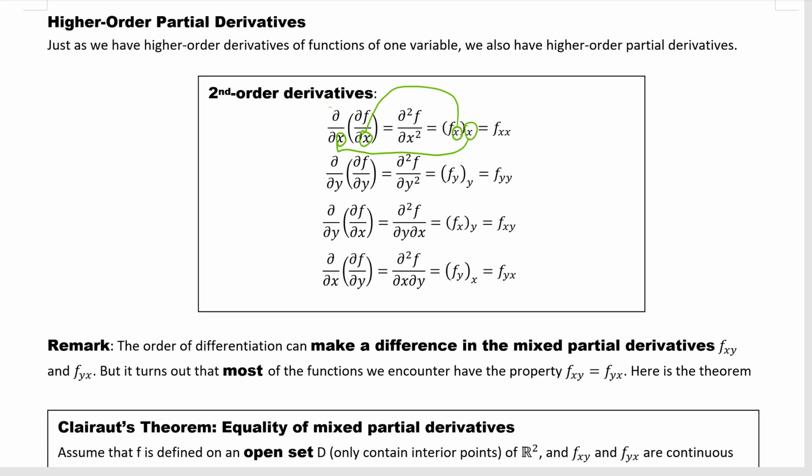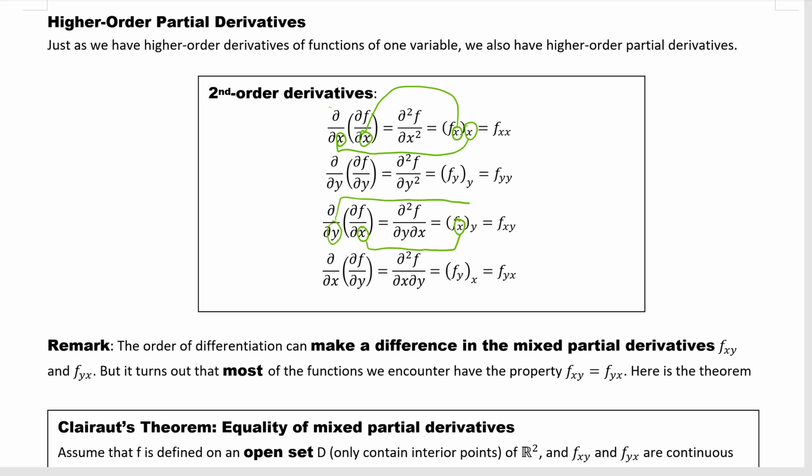So this is f_yy. But partial f partial x, then take the partial derivative with respect to y. This gives us partial squared. Here, we just combine them together, becoming partial y partial x. But in another notation, this x corresponds to this x.